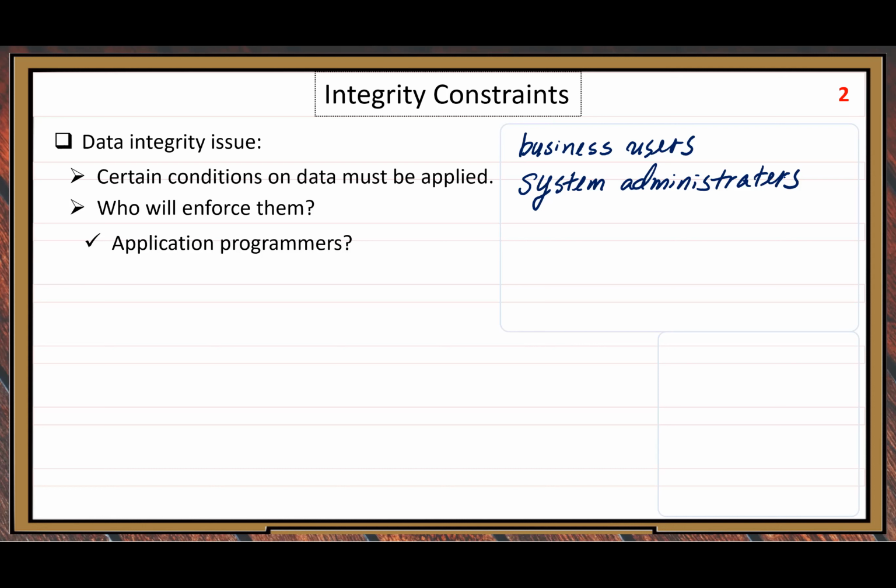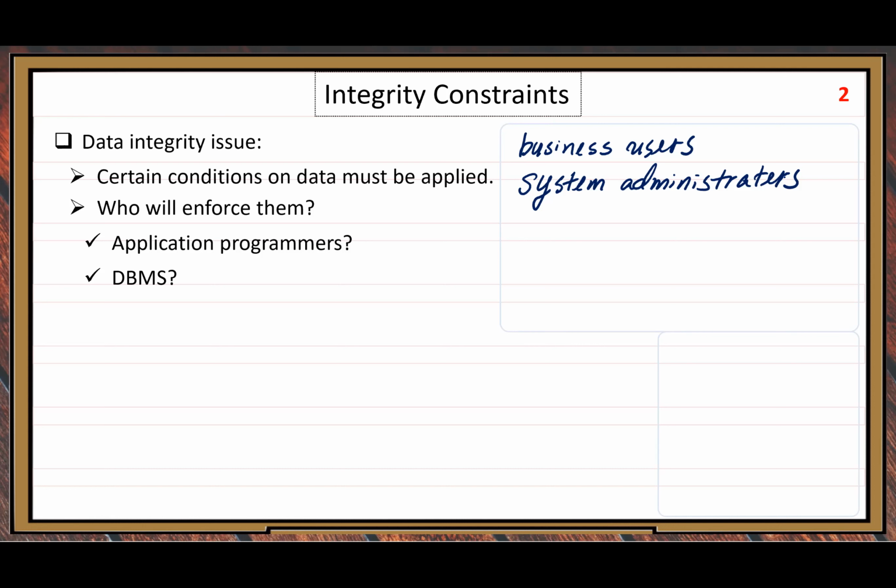Another party is the DBMS. Here we mean the system enforces these constraints automatically. We do not need to do things manually, but we need to set it up in order to ask the DBMS to enforce the constraints.